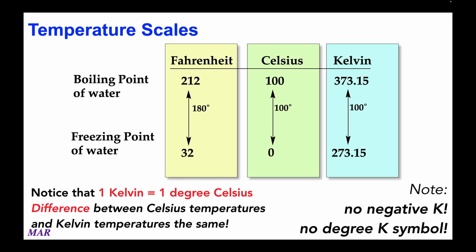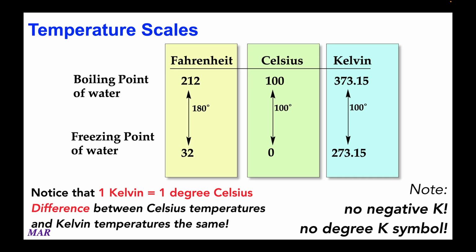And Fahrenheit, though, the difference is 180. Now, the way that the Fahrenheit scale started, they were trying to get the coldest temperature to the boiling point of water, blah, blah, blah. So at the time, I understand that made sense for the Fahrenheit. But Celsius, when he came along, he said, hey, 0 is going to be freezing point of water and 100 degrees Celsius is boiling, which is cool.